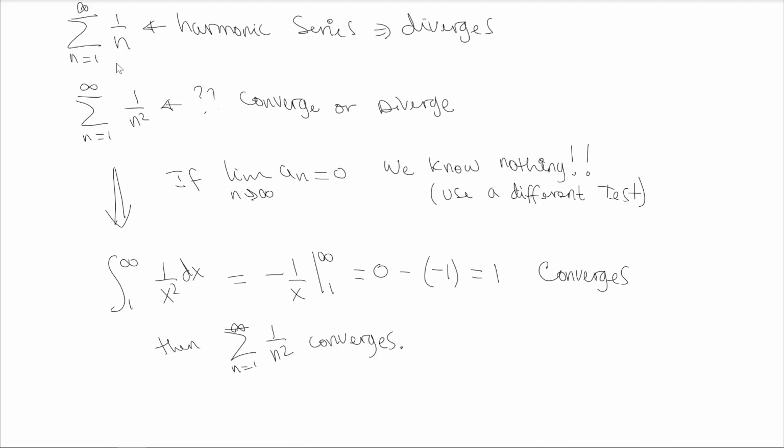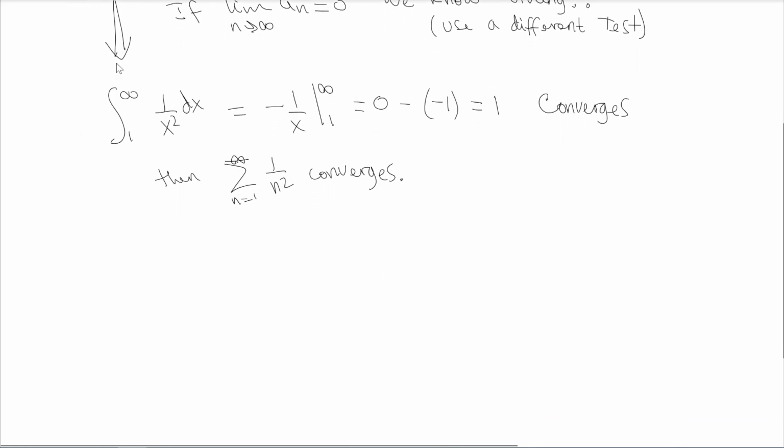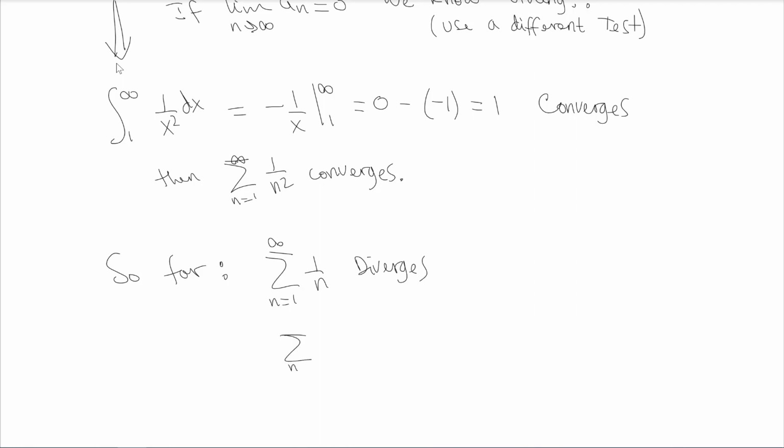Now, in order for us to say that, we have to be a little more careful and be able to specify the conditions of the integral test. But before I get to the integral test, so far we know that if I have n equals 1 to infinity of 1 over n, I know this diverges. And the series n equals 1 to infinity of 1 over n squared, this converges.